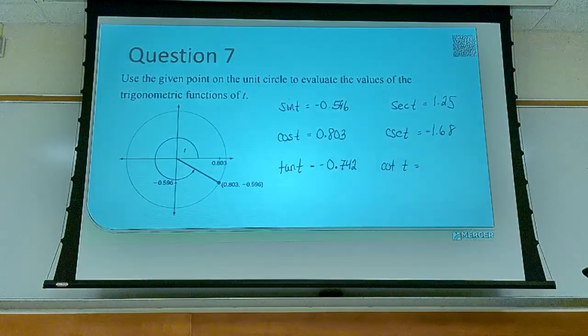Negative 1.35. There are your 6 trig functions for this circle. Or not for this circle, for this angle.